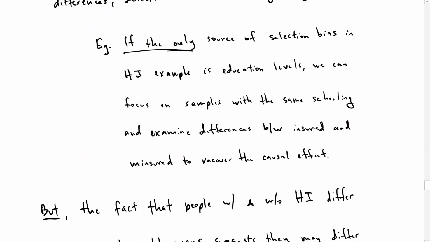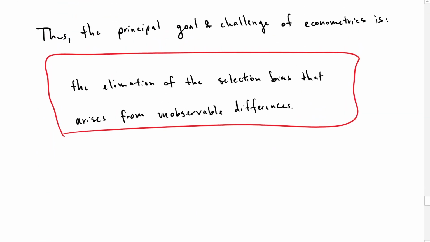So we need to remove selection bias, and the best way to do that is through random assignment.